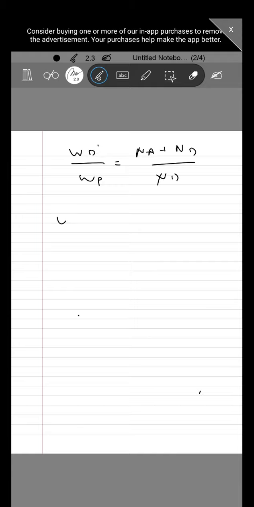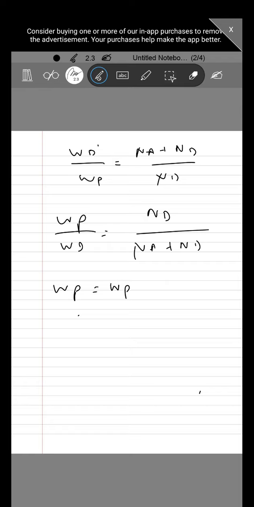So in that case, Wp by Wd is equal to Nd by Na plus Nd. So Wp is equal to Wd into Nd divided by Na plus Nd. So we put the values.